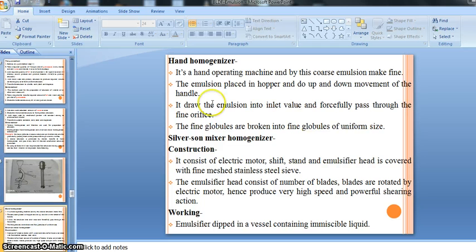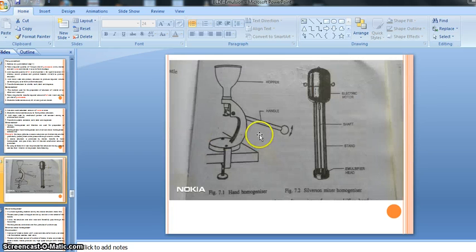Then it draws the emulsion into the inlet valve and forcefully passes it through the fine orifice, right? Due to the up and down movement of the handle, whatever emulsion is present in the hopper is drawn through the narrow inlet to the narrow orifice.